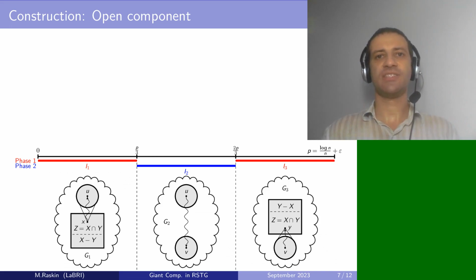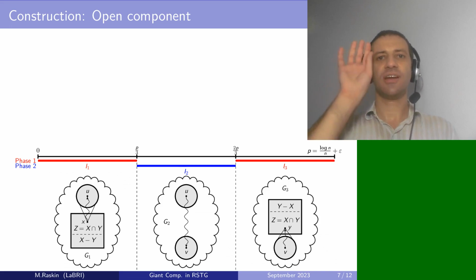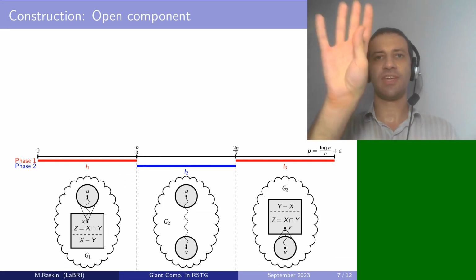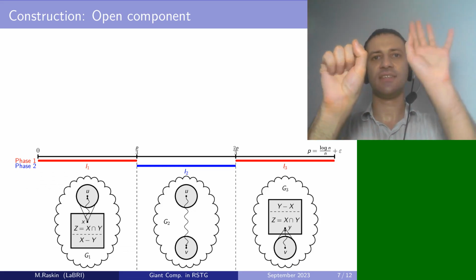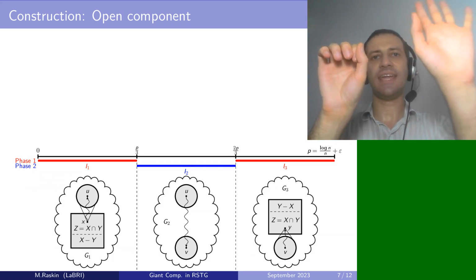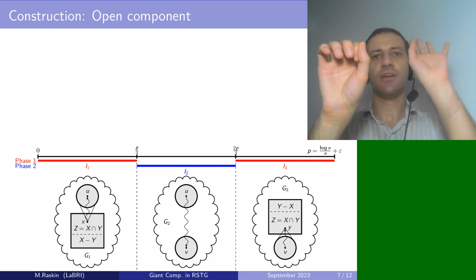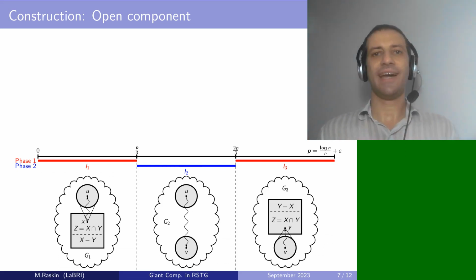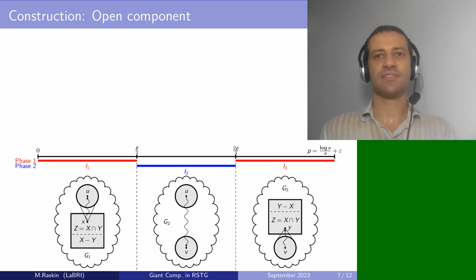So we consider separately three phases. The first phase includes the earliest third of the edges by appearance. The last phase includes the latest third of the edges. And then there is the middle third.